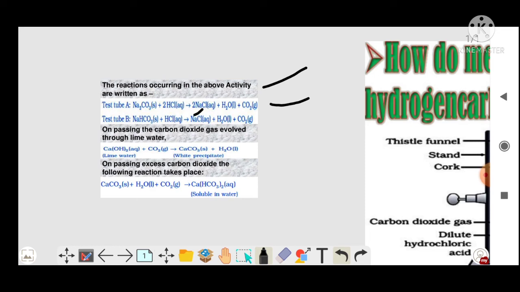A salt is produced, sodium chloride, water and carbon dioxide. In test tube B, sodium bicarbonate and HCl, here also NaCl, salt, water and carbon dioxide are produced. On passing carbon dioxide gas evolved through lime water, calcium hydroxide plus carbon dioxide gives white precipitate calcium carbonate. On passing excess carbon dioxide, the following reaction takes place: calcium carbonate, water and carbon dioxide produce calcium bicarbonate, which is soluble in water. Okay, this is the concept we should remember.